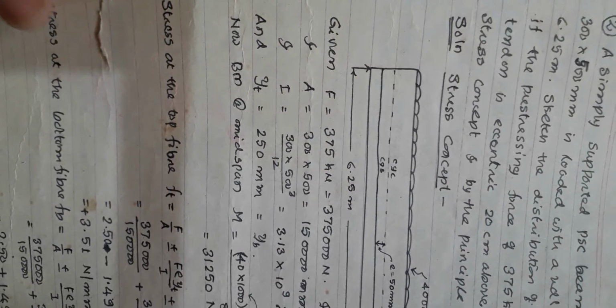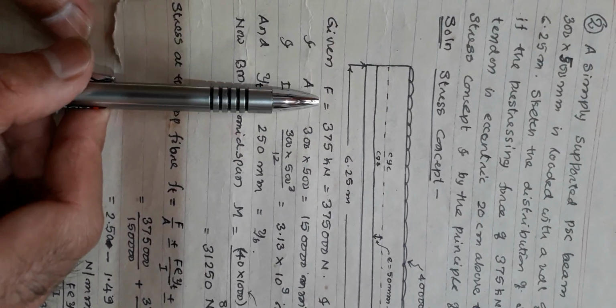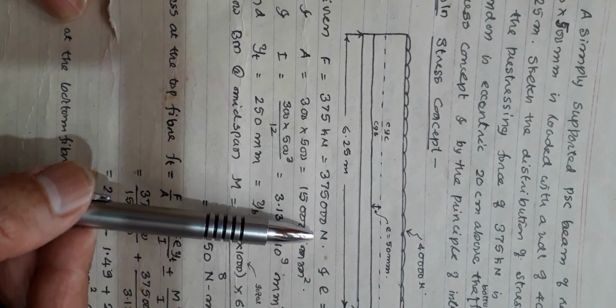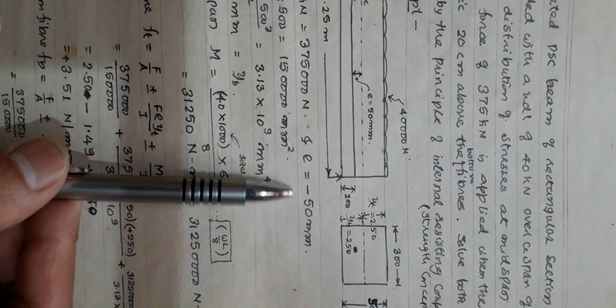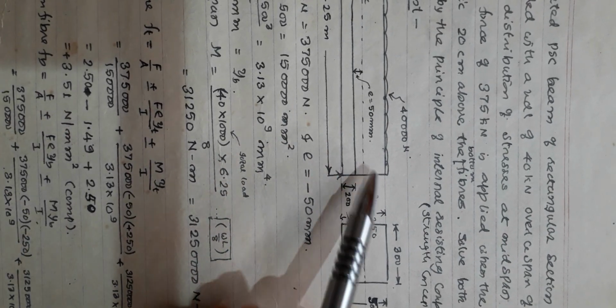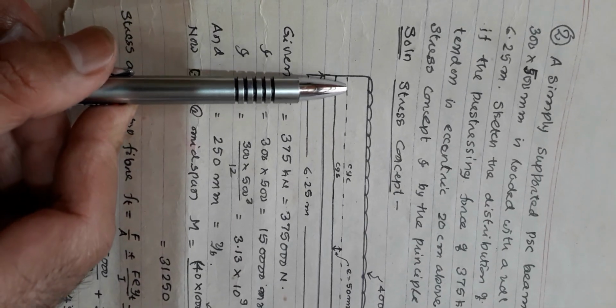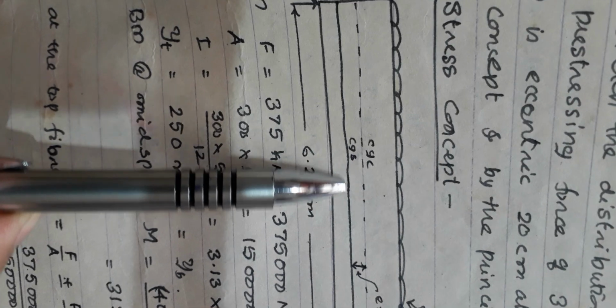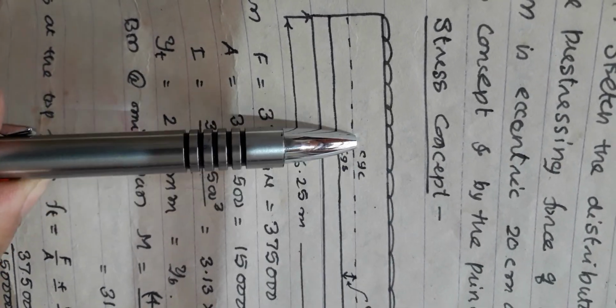So now he has given the pre-stressing force F as 375 kilonewton, or 375,000 newtons. Eccentricity is minus 50. See now, this is your CGC line, and this is your CGS. CGS means the CG of steel, CGC means the CG of concrete.